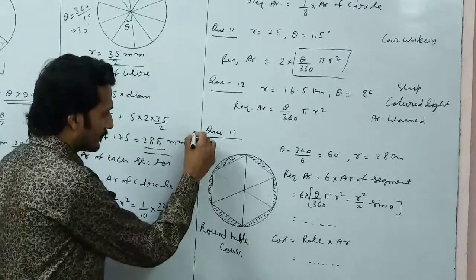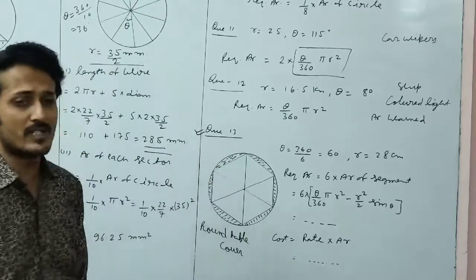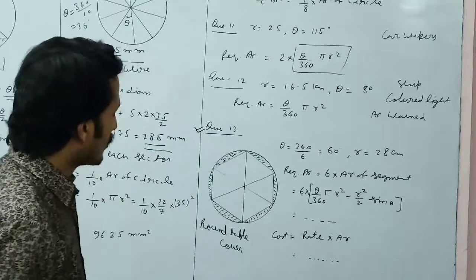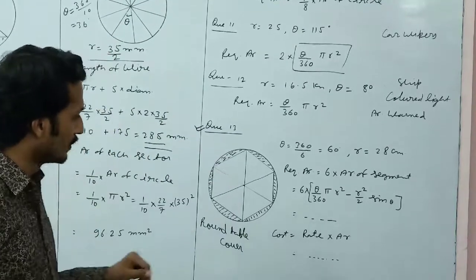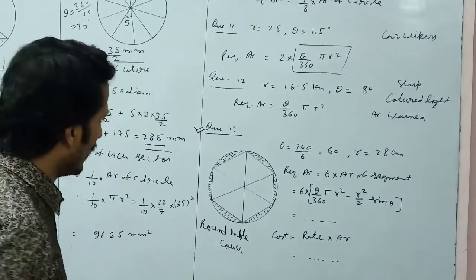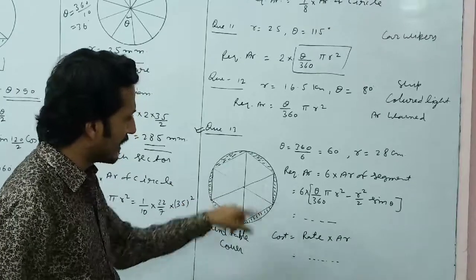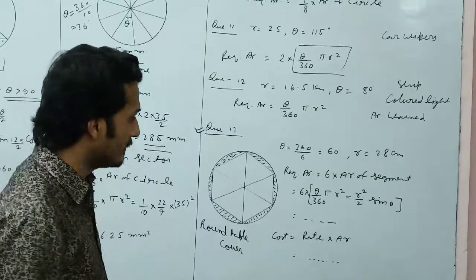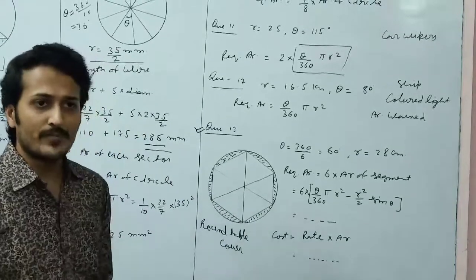Now here comes question number 13, which is a very important question. The figure of question 13 is shown on the board. It is given that there is a round table cover and we need to find the shaded part, that is the area of design, and after that we need to find the cost.